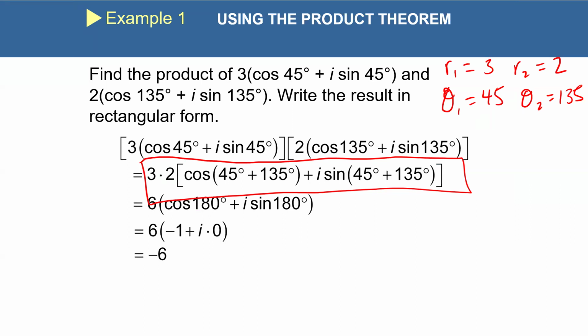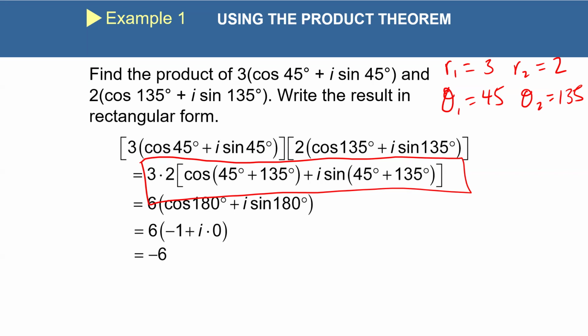Okay, so we identified our R1 and R2, our theta 1 and our theta 2. Then we plug them into the equation: R1 times R2 times the cosine of theta 1 plus theta 2 plus I sine of theta 1 plus theta 2.